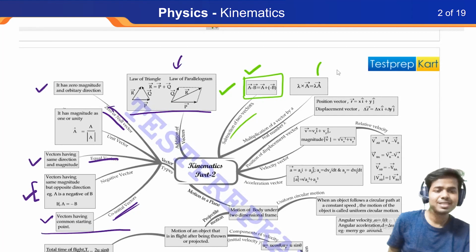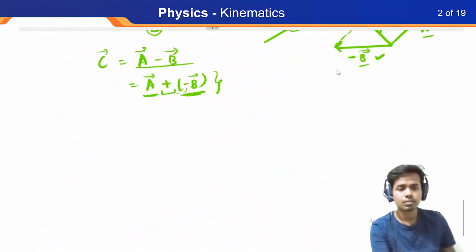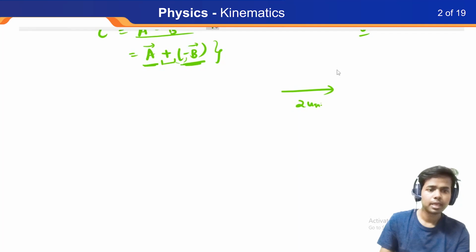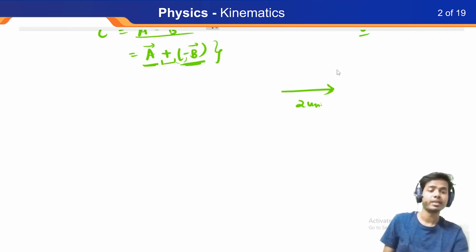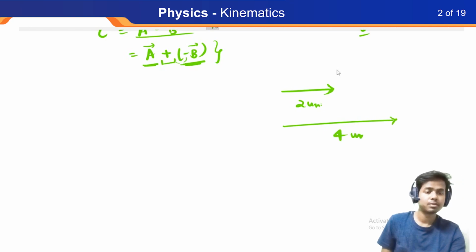Now, this actually tells me that any vector, let's say there is this vector of 2 units in this direction. What if I need another vector pointing in the same direction but having 4 units?